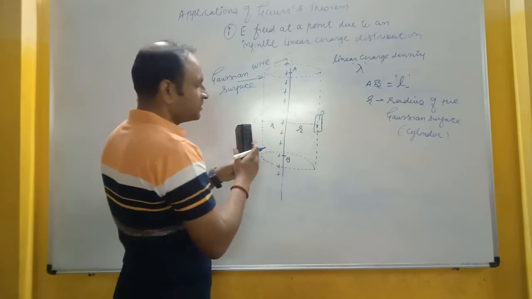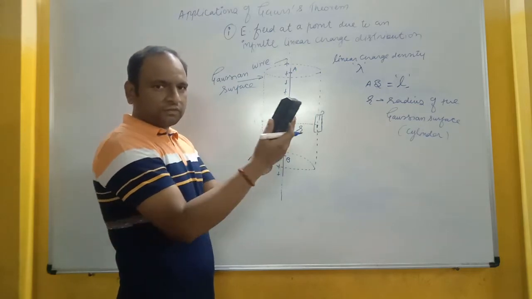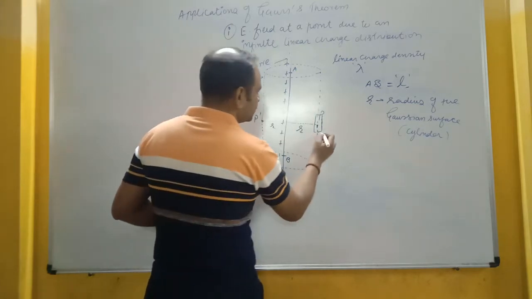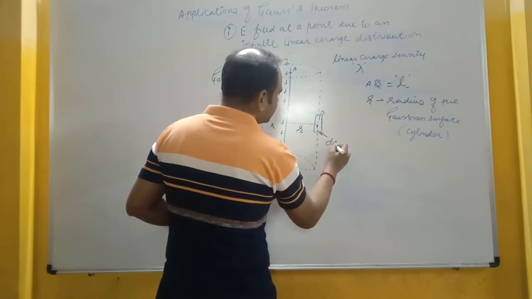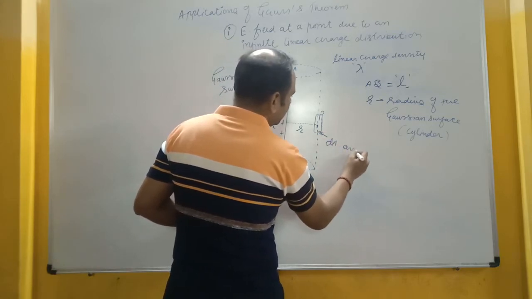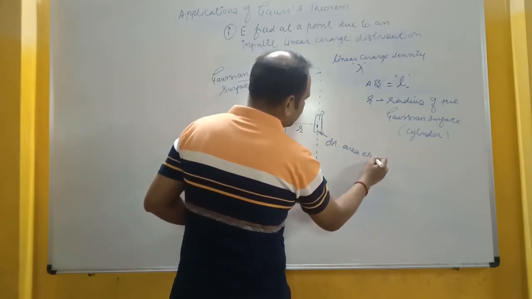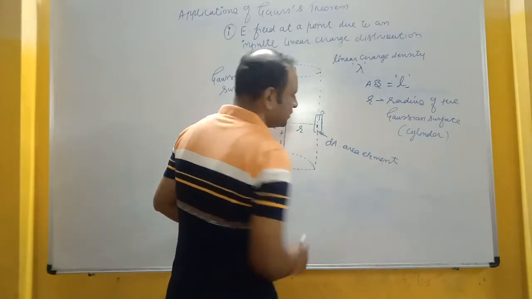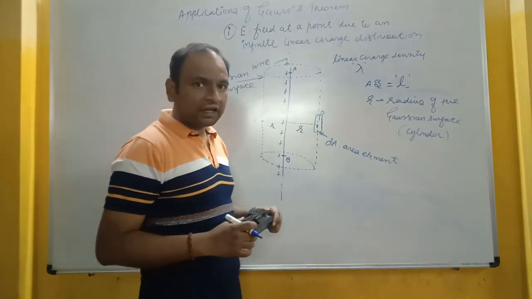I consider a very small section of that, and this is my dA. This dA would be the area element.